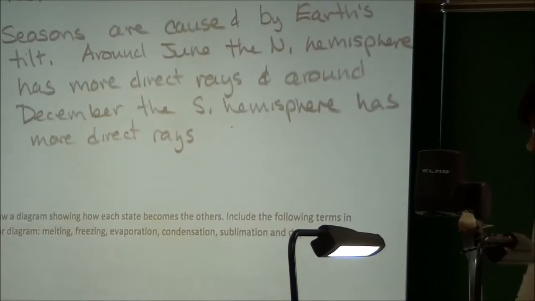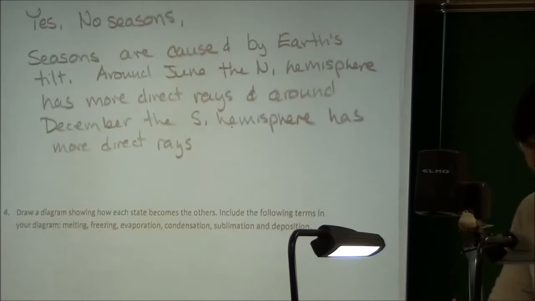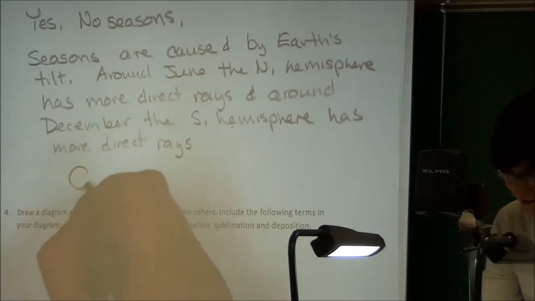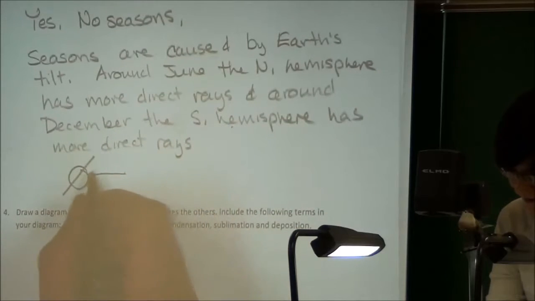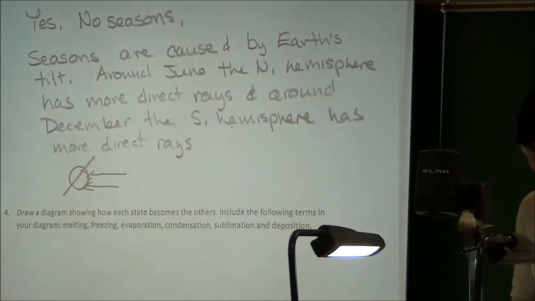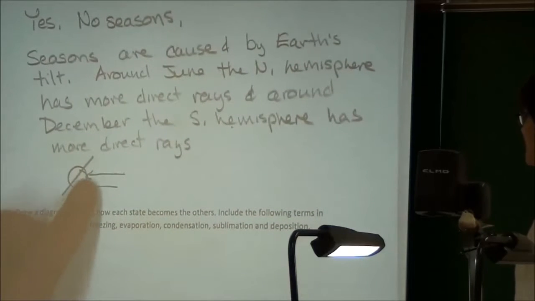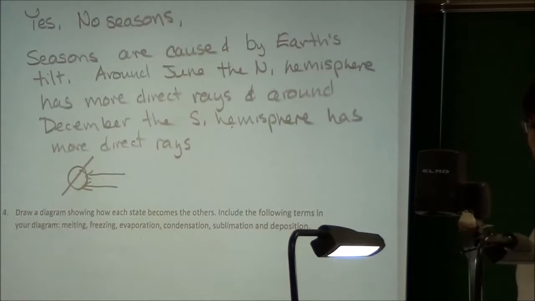So it's the same diagram we just did, only we now have a tilt on the Earth. So the sun's rays are arriving this way. Where is it higher in the sky in this picture? In the north or in the southern hemisphere? North. In the northern hemisphere.